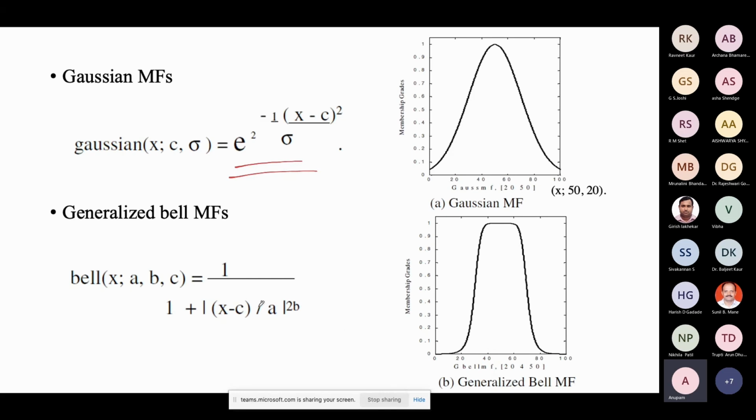I think it is not visible, so I can write it again. So this is your Bell membership function, and this is all about the membership functions.